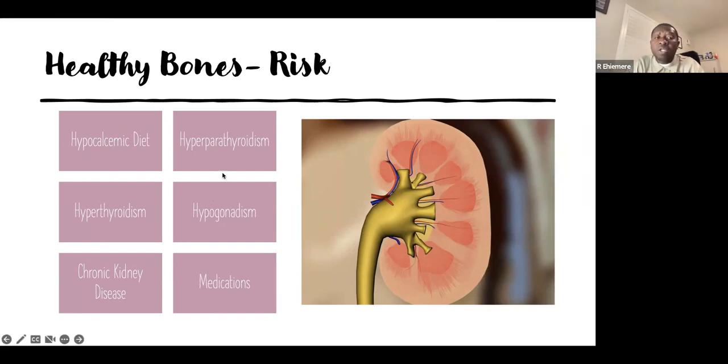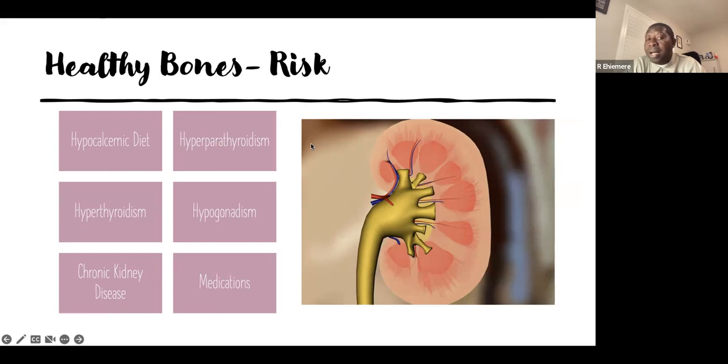You ask yourself, how does someone get involved with a hypocalcemic diet? A diet that is very poor in milk. A lot of vegans, those who are pure vegans, do not take milk. And this cohort needs to supplement their nutritional intake of calcium, because milk is primarily rich in calcium.